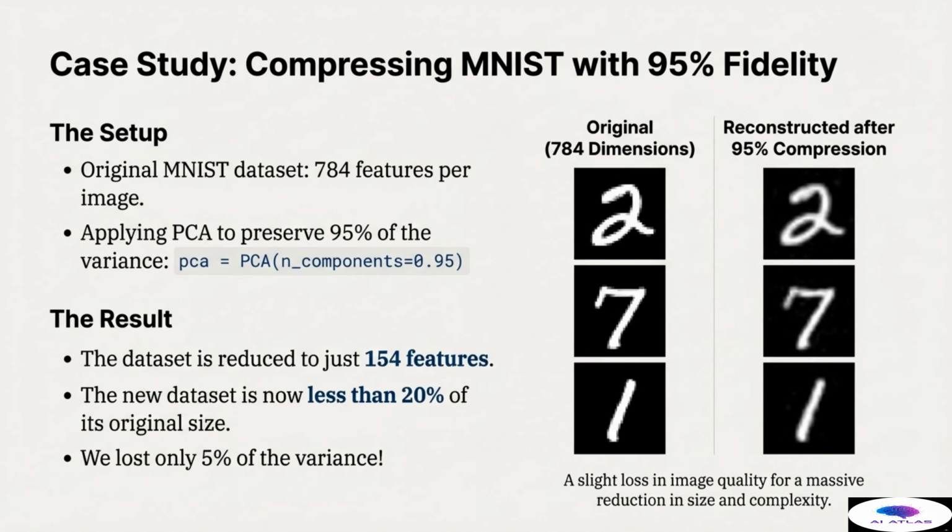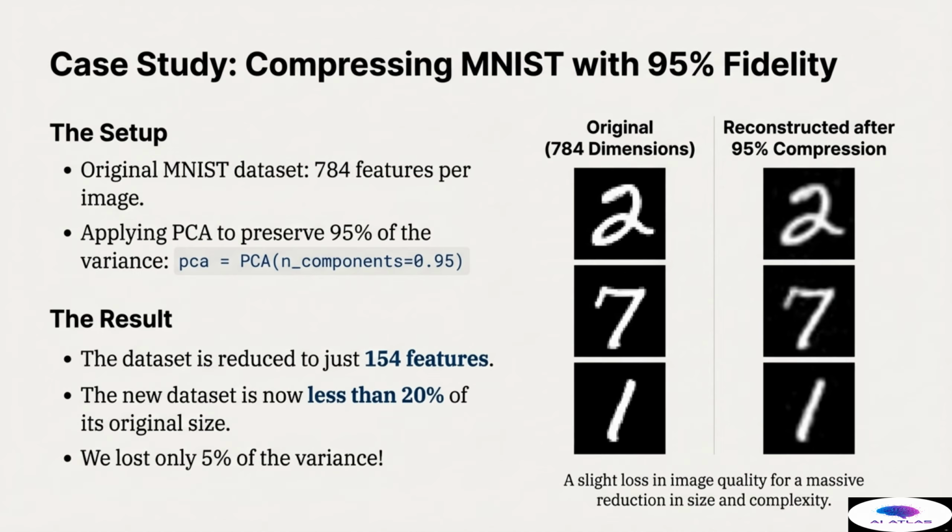To demonstrate the tangible power of PCA, let us review a case study focused on compressing the MNIST dataset with 95% fidelity. The setup begins with the original MNIST dataset, where each image contains 784 features, corresponding to the 784 pixels. We then apply PCA, specifically setting the n_components parameter to 0.95, which instructs the algorithm to retain the minimum number of components necessary to preserve 95% of the variance.